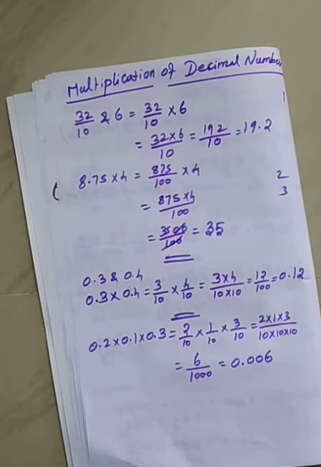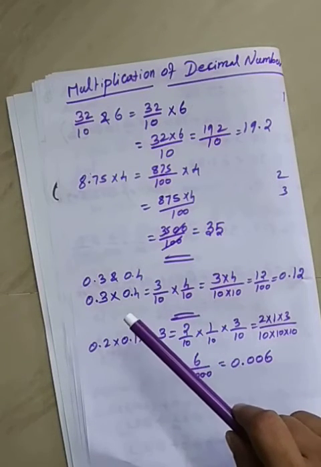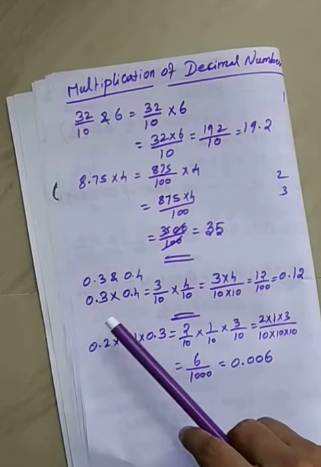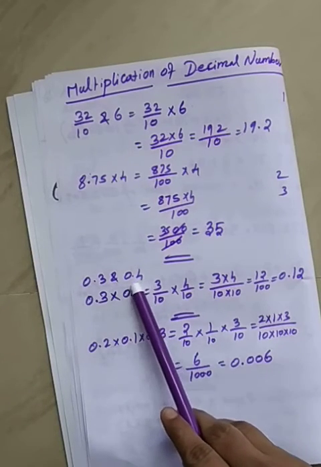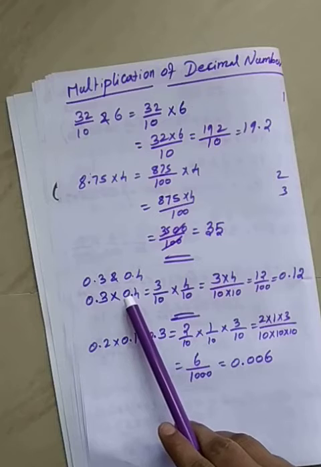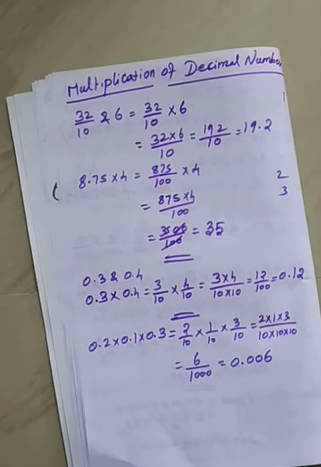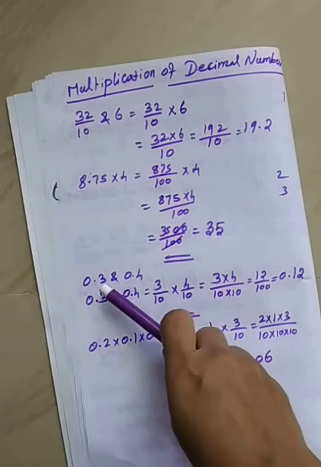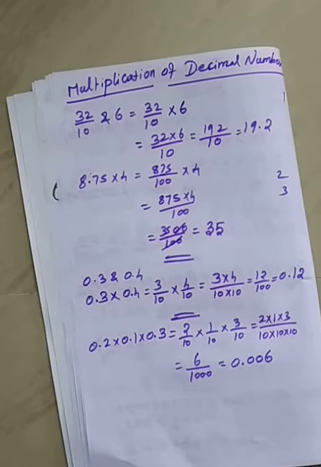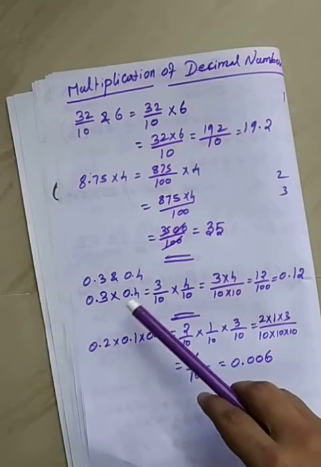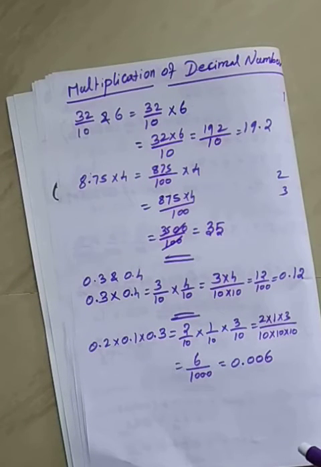See here, once again I tell you, find the product of 0.3 and 0.4. Means we first find the product of 3 and 4. Okay, see, what is 3 into 4? 12. So the product of 3 and 4 is 12. Now we add the number of digits to the right of the decimal point in the numbers that are multiplied.